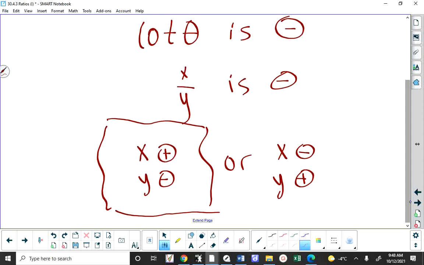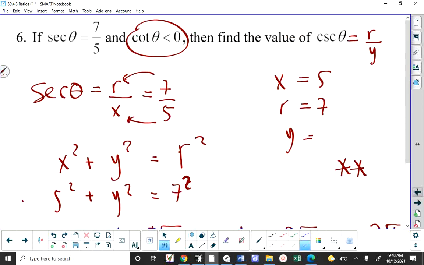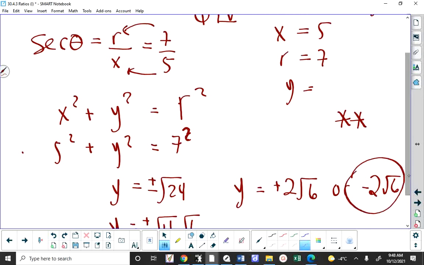So what this extra information in the question is telling you is essentially it's in quadrant 4. It's giving you a hint as to which quadrant it's in, because in quadrant 4, cotangent is negative and secant is positive. So it is this.